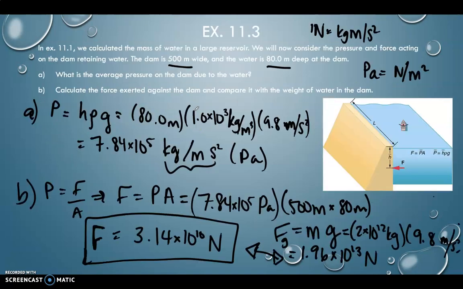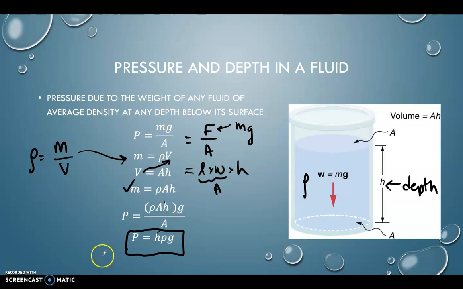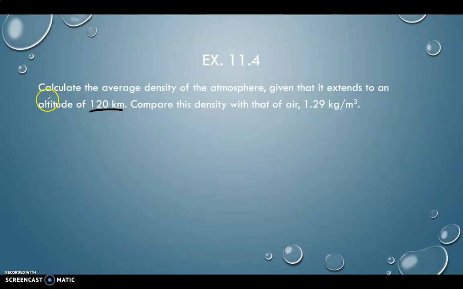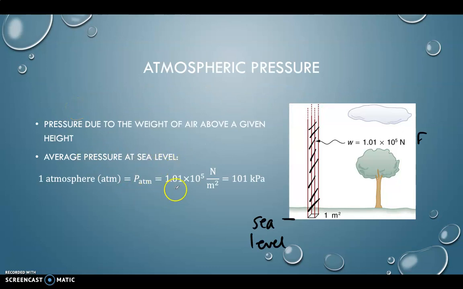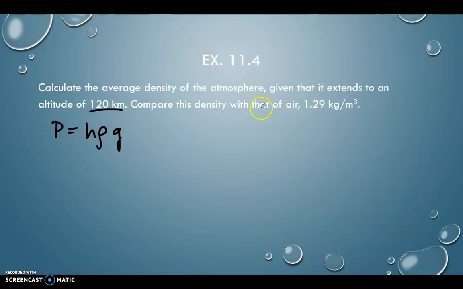Let's go back and remember that pressure equals H rho G. Pressure equals H rho G. We just said that our average pressure is going to be 1.01 times 10 to the 5th, in newtons per meter squared, or pascals.